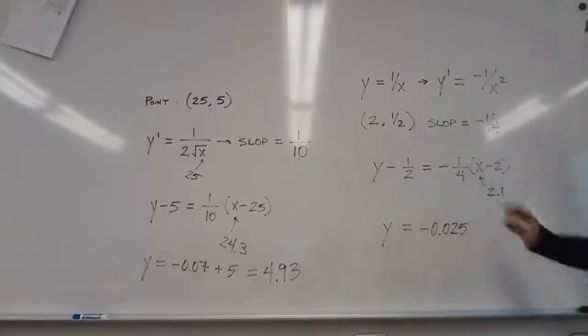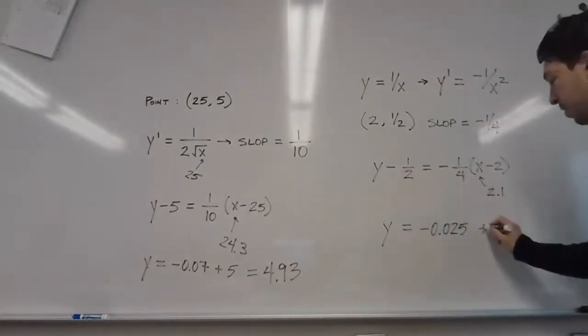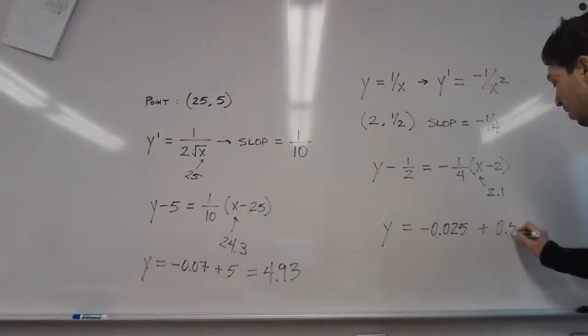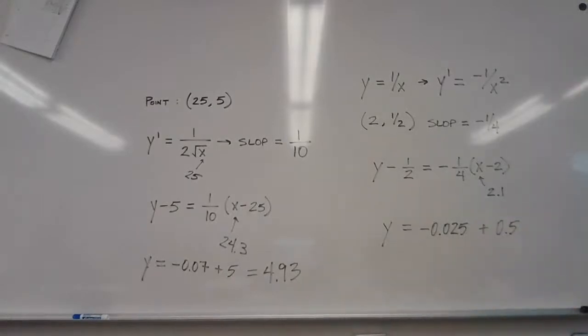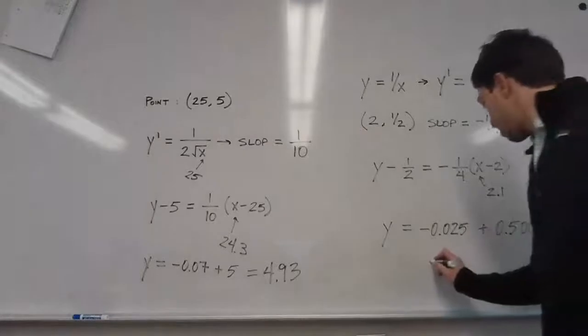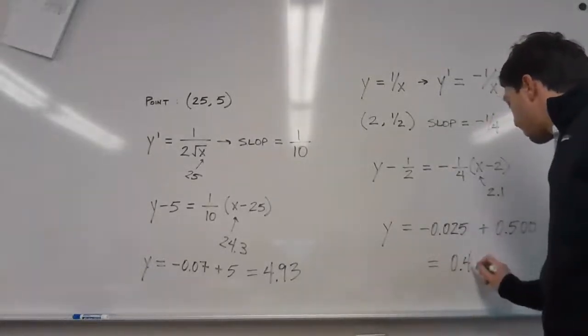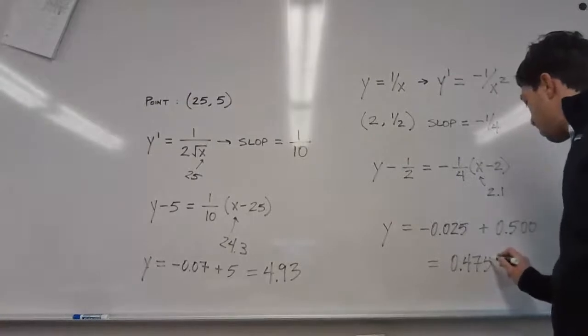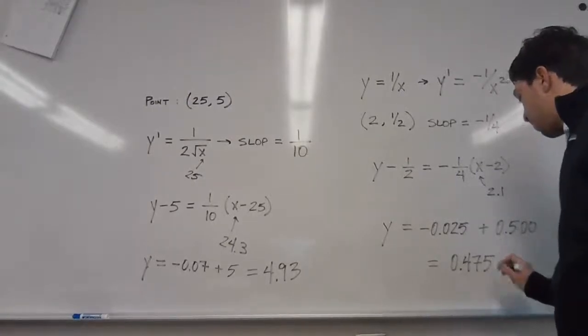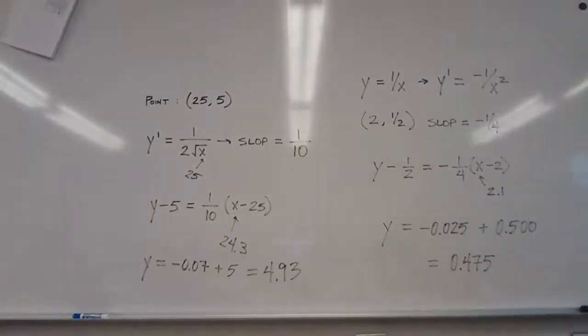And then add the 0.5 over. Think of it in how many thousandths you have. I have 500 thousandths, and take away 25 thousandths. So what you have is 475 thousandths.